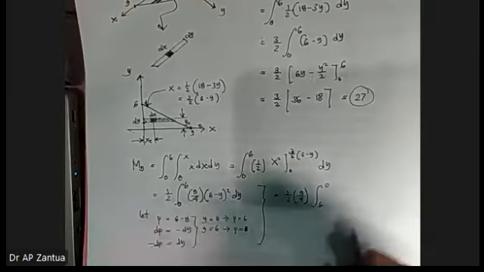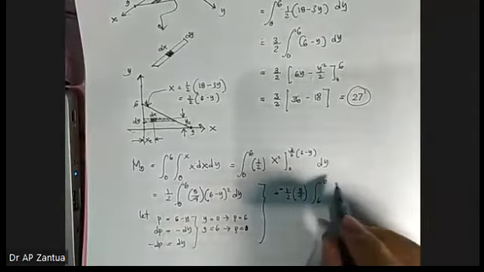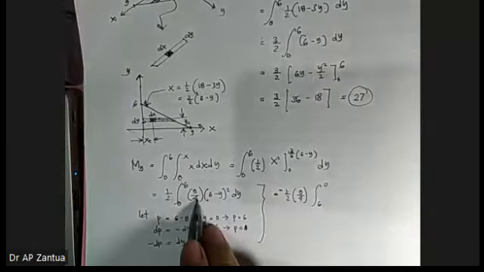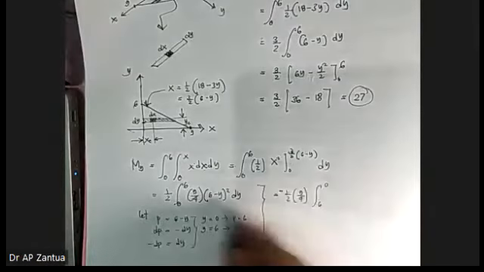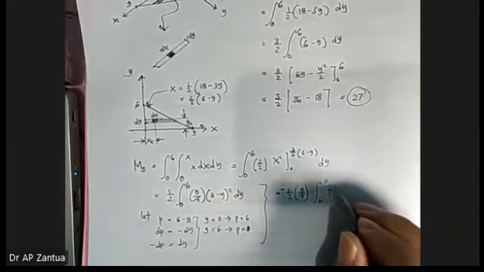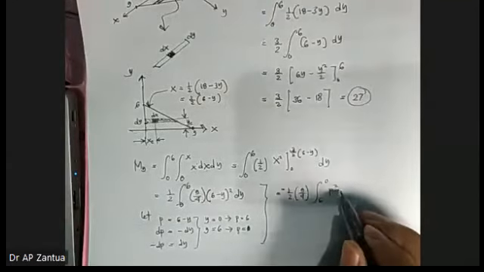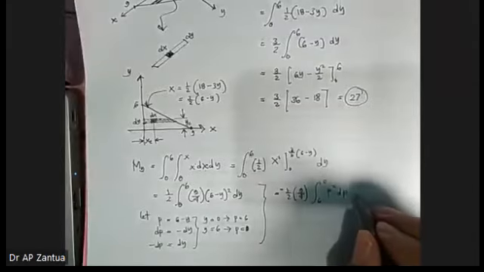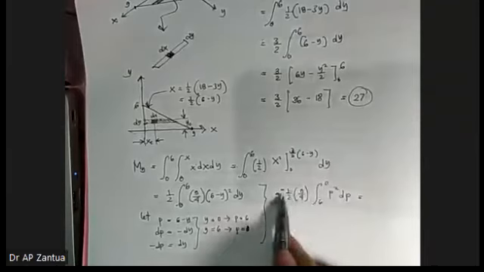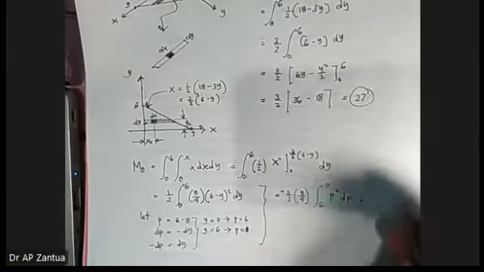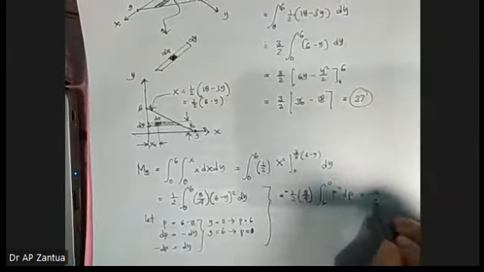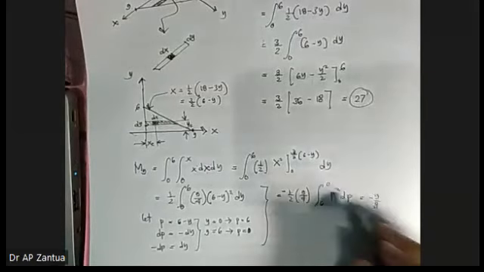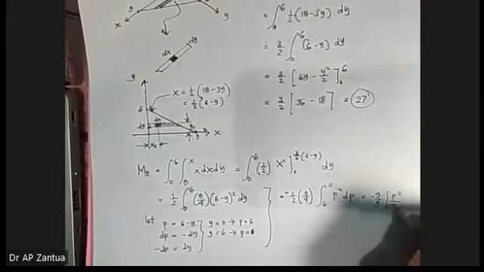So negative of 6 minus y is p, p squared dp. So negative 9 over 8. What is the integral of this? p cubed over 3 from 6 to 0.